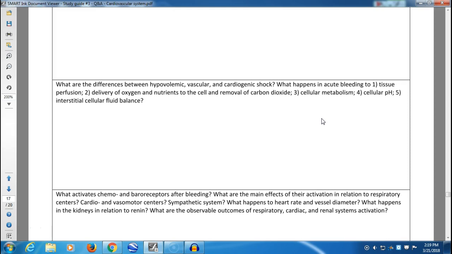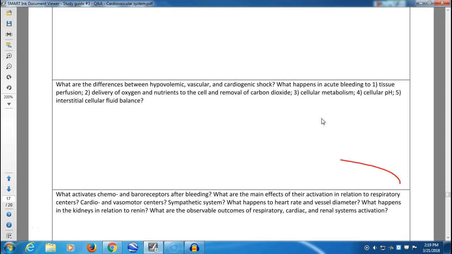Does that make sense? What happens if you don't restore blood volume and you lost a lot of blood? You die because of hypoxia and hypovolemic shock, right? Because the tissues don't get enough oxygen because blood pressure is so low, right?